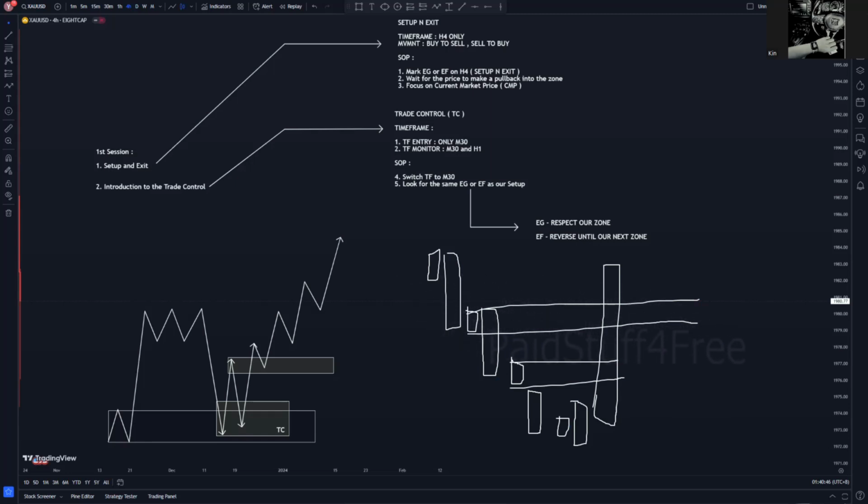Which zone are we going to use for entry? Which zone are we going to use for us to enter? Is it this one or is it this one? That was your question.